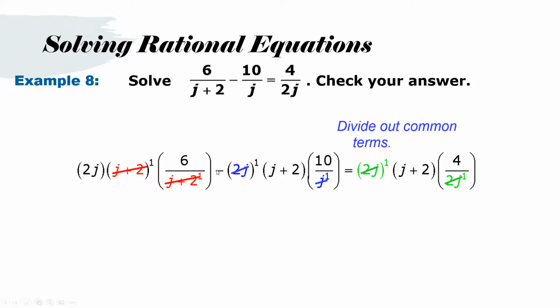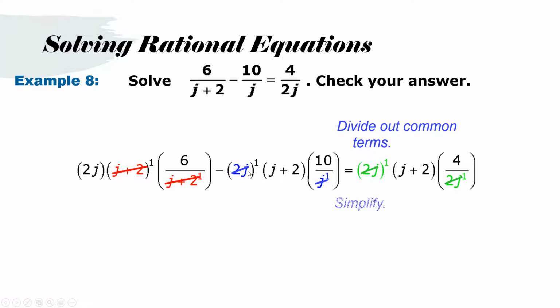Now, take note here, by the way, the 2 should not be cancelled out, since only the j was cancelled. Let me make it clear to you that the 2 here is not being divided out. Only the j portion.